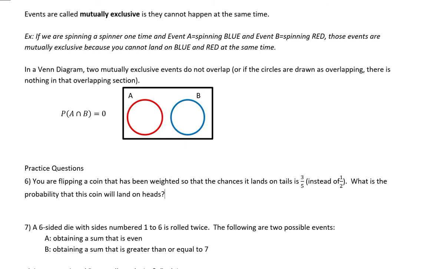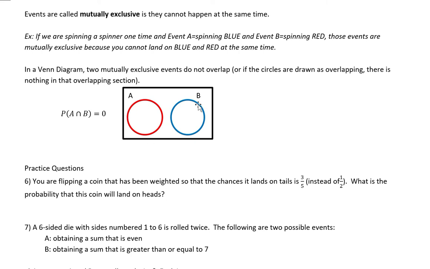Well, what happens if there is no overlap? What happens if there are no yellow sheep or no students taking art and music? We call those mutually exclusive. They can't happen at the same time. The example here is spinning a spinner one time. Remember the multicolored spinner. We can't land on blue and red at the same time. It just doesn't work. So in a Venn diagram, two mutually exclusive events don't overlap.